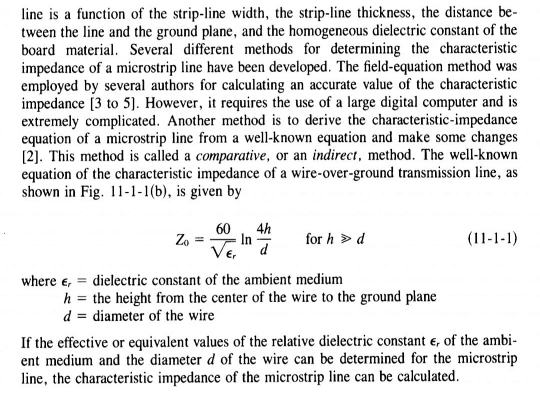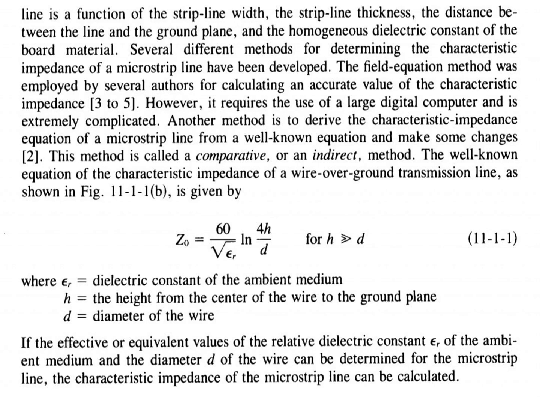The well-known equation of characteristic impedance of a wire over ground transmission line is given by Z0 = (60/√ε_R) ln(4h/d), where h is much greater than d, ε_R is the dielectric constant of the ambient medium, h is the height from the center of the wire to the ground plane, and d is the diameter of the wire.